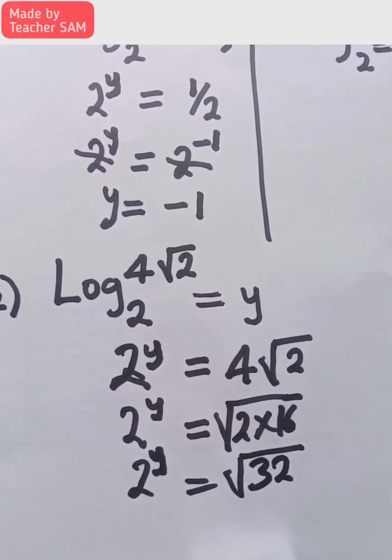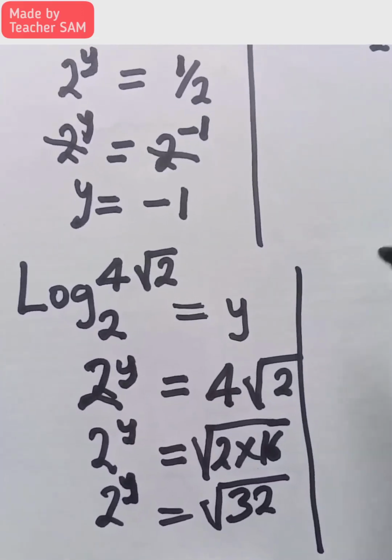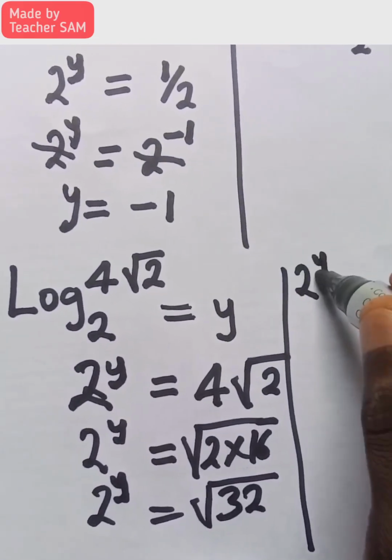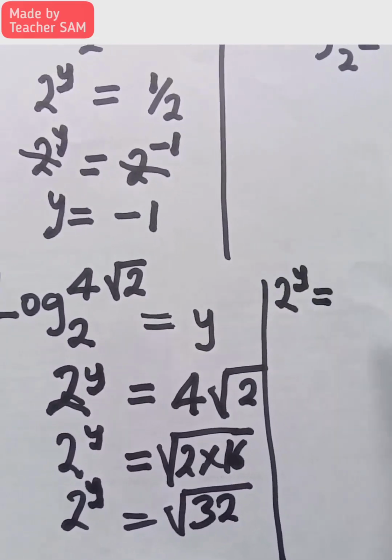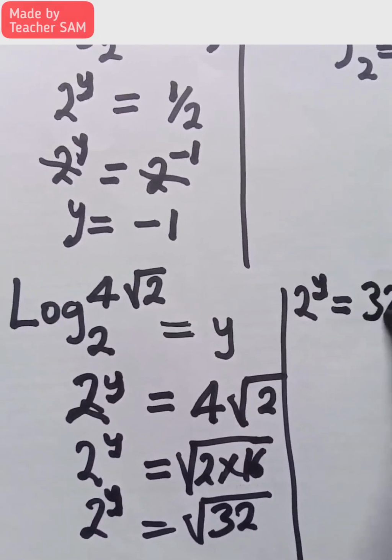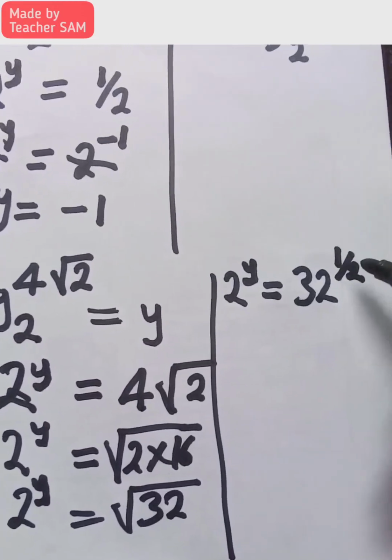Now root 32 is the same thing as having 32 raised to power 1 over 2, that is half, because half is square root.